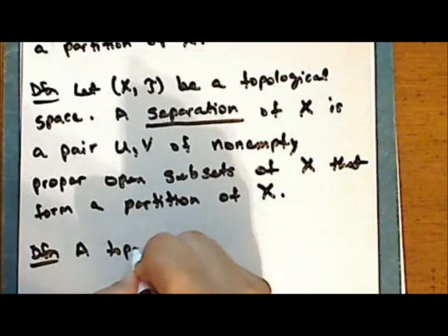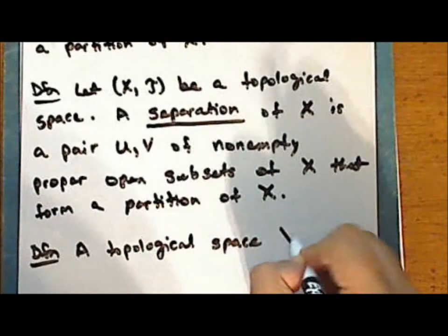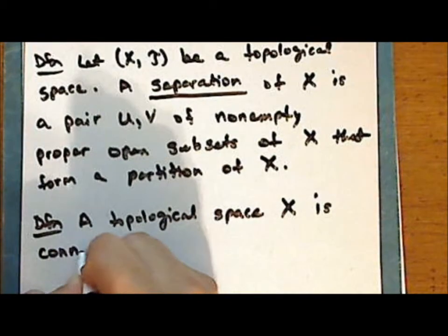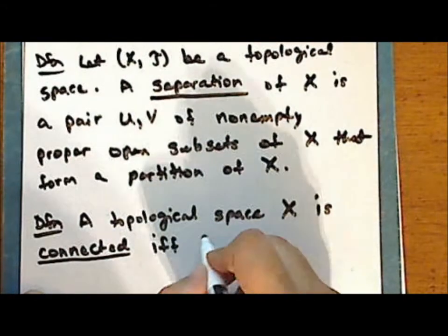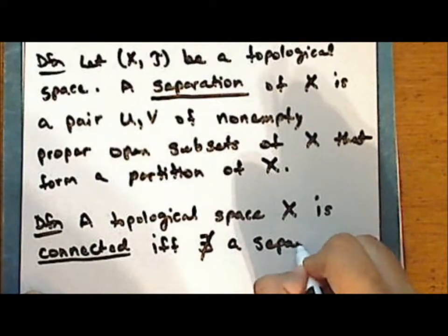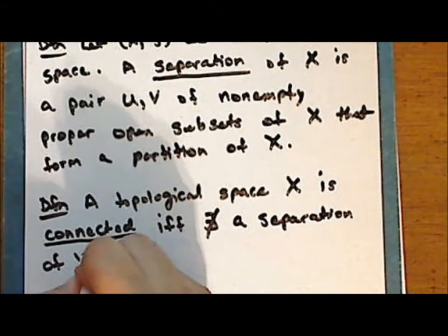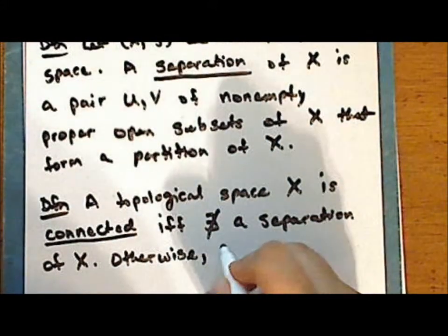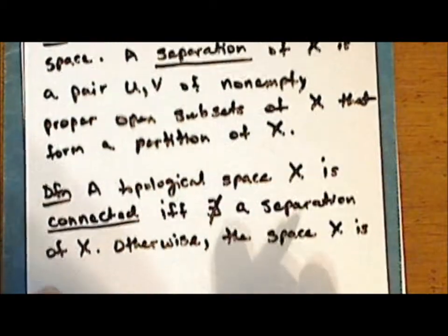A topological space X is connected if and only if there does not exist a separation of the space X. Otherwise, the space X is disconnected.